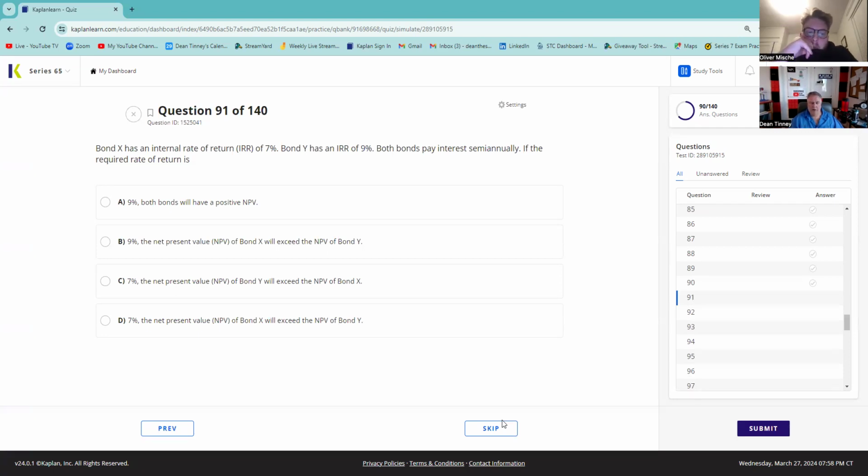If the required rate of return is, oh, this is a fun question. Kind of interesting. So we're trying to decide what is a fair value for the bond. Is there a valuation that we like or don't like, because that's what net present value is about, right? Yeah, the idea of whether we're going to get a good value or not.